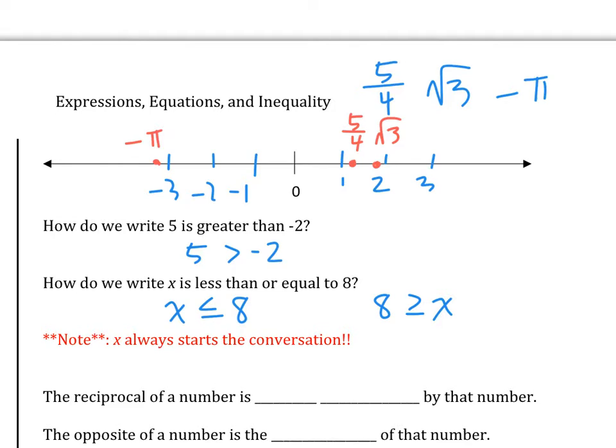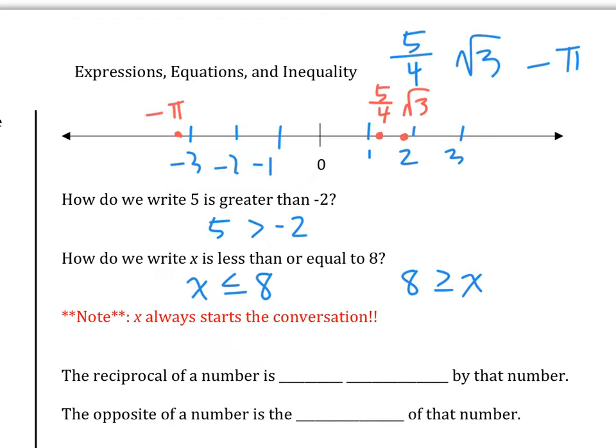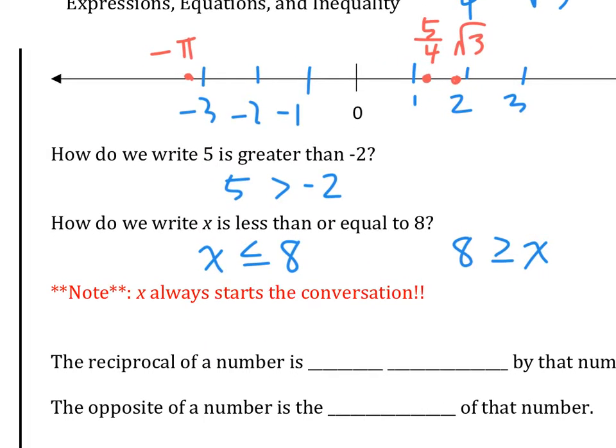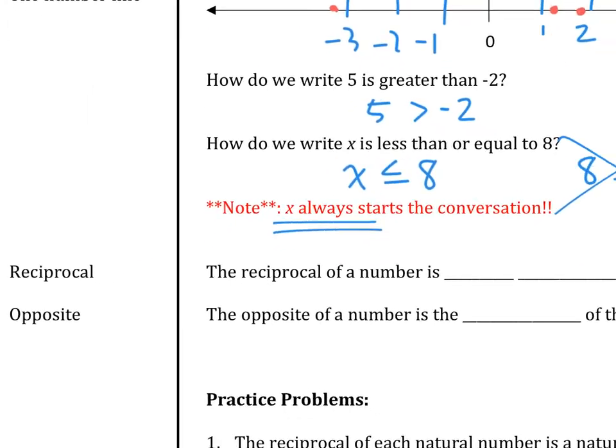Yes, it means the same thing. It's just a different phrase. Mathematically it's fine, but it's a little bit awkward to look at. So I just say that x always starts a conversation, so always write x first. It's very awkward trying to figure out what you're saying. So x first.